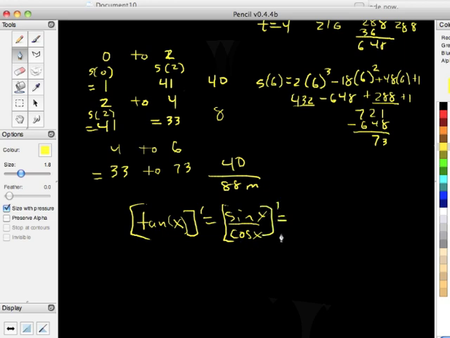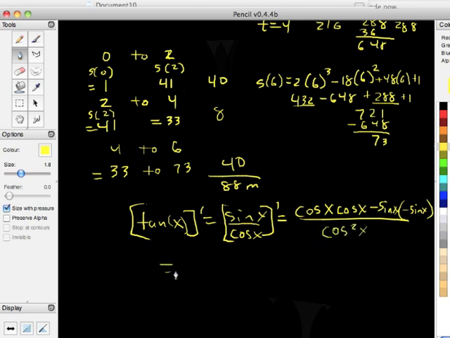And you know from the quotient rule, this is low d high: the derivative of the high, derivative of sine, is cosine x, minus high sine x d low. What's the derivative of cosine? That's right, it's negative sine of x, over low squared, cosine squared x.